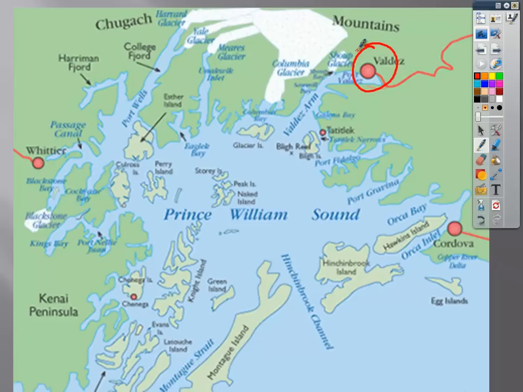So all of your big, gigantic oil tankers come into Prince William Sound and go up through the straits here and then end up over in Valdez, pick up the oil, and then come out just like you're driving a car. Stay on the right-hand side. It goes out into the ocean and heads down into California and the southern 48 states.